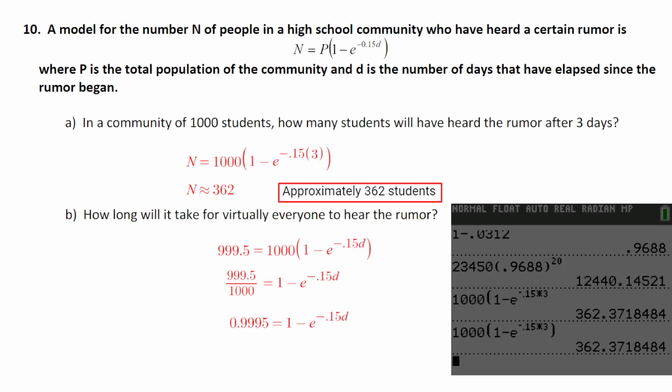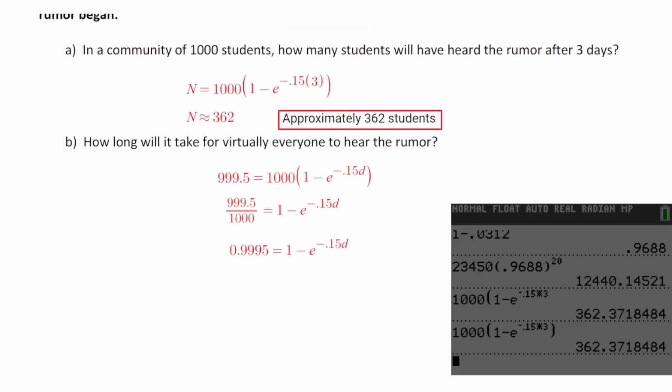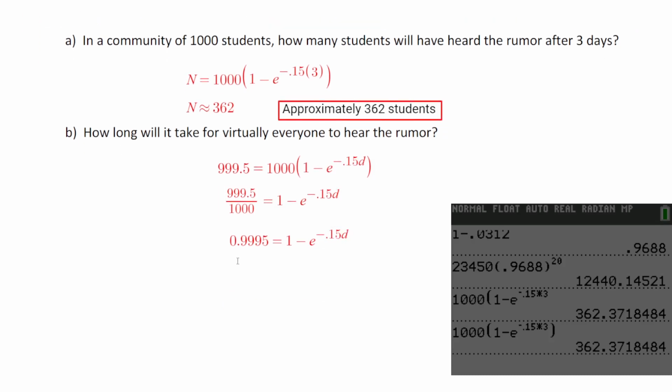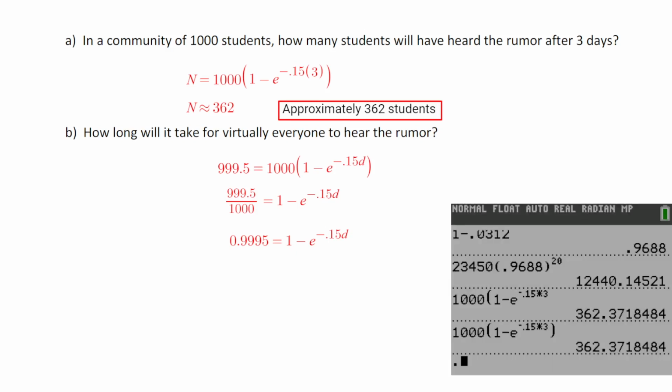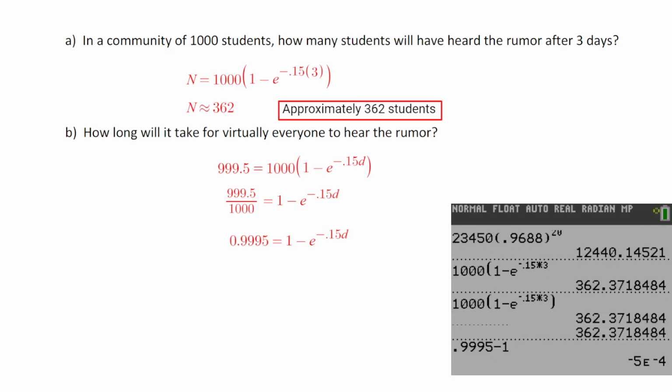I'm going to have to scroll down a little bit here, give myself a little bit more space. All right, so now I want to subtract 1 from either side. So if I do 0.9995 minus 1, it's going to be like 0.0005, but okay, wow, why is it giving the answer to me in scientific notation? That is bizarre.